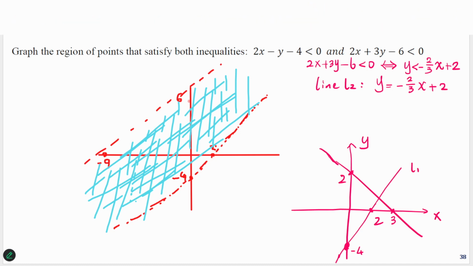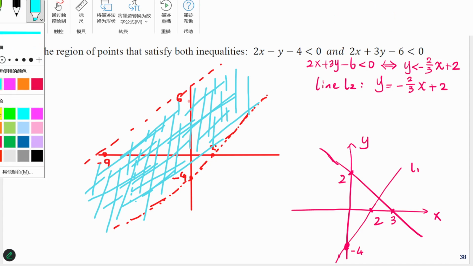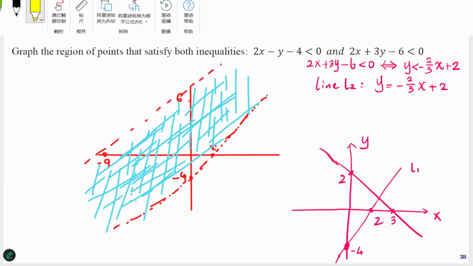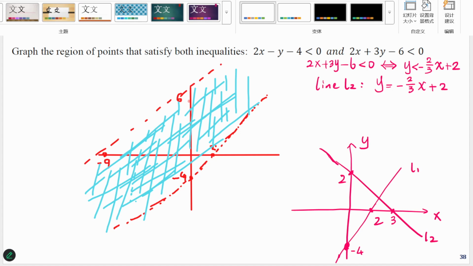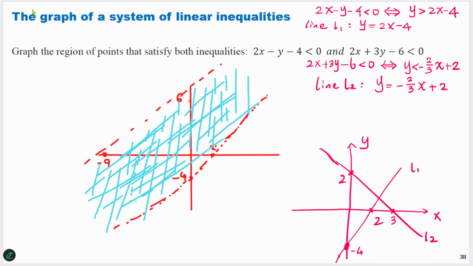So it should be here. Okay, this is line 2. We have a region that is above line 1, right? Here. This is all the region above line 1, right?